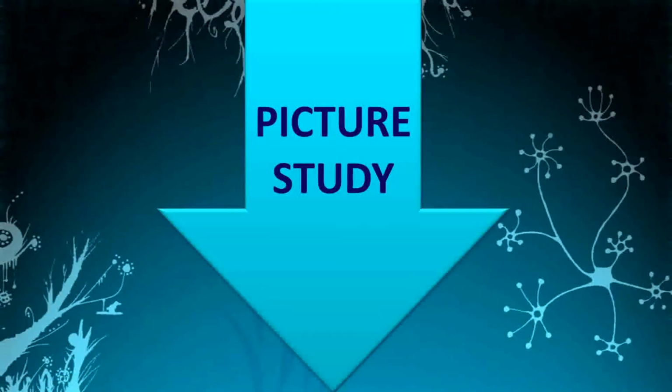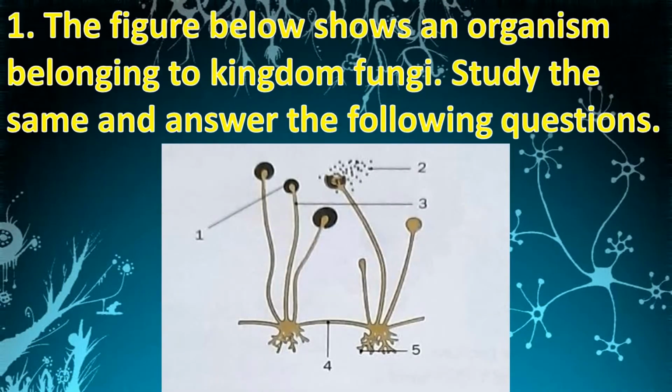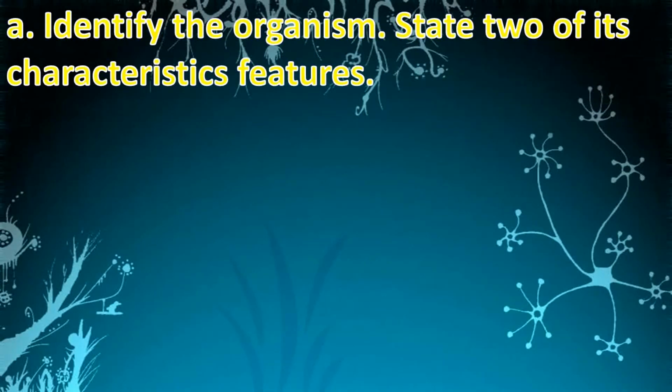Next question. Picture study. The figure below shows an organism belonging to Kingdom Fungi. Study the same and answer the following questions. Identify the organism. State 2 of its characteristic features.